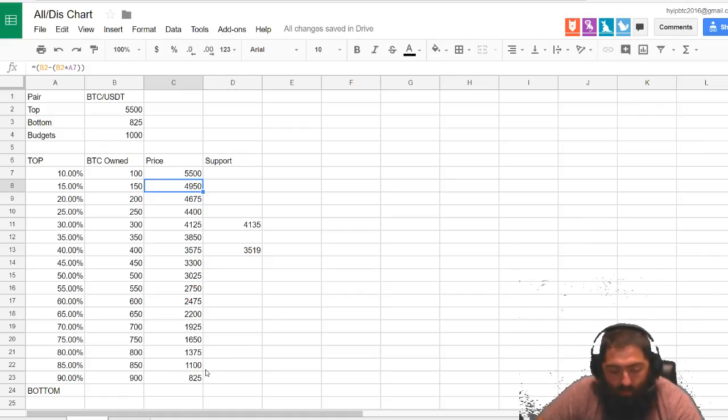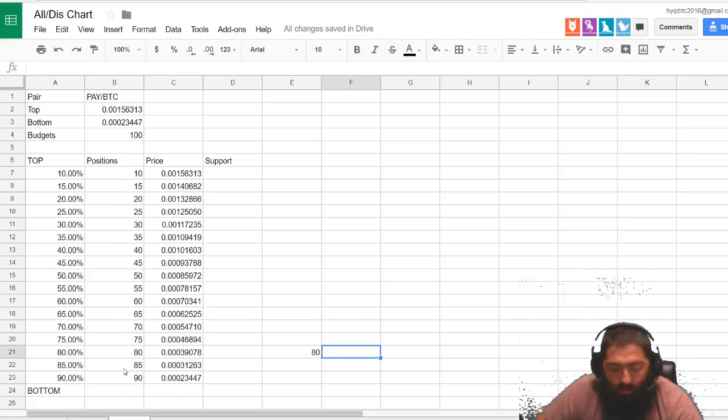But I want to have wiggle room just in case it does. And if you're selling your 5 positions, you're going to make at least 7,000 satoshis per coin that you sell right here. And then if it comes back down, you buy your 5 back at the cheaper price.